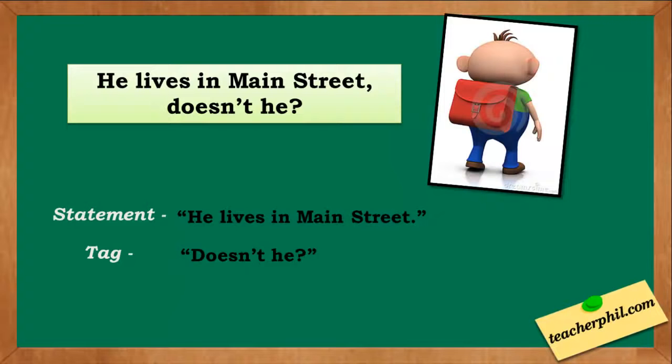We only have the main verb, lives. Therefore, we need to use a do verb in the tag. Since the subject is in singular form, he, we need to use does. Our statement is in the positive form. Therefore, a negative tag is needed. Doesn't.